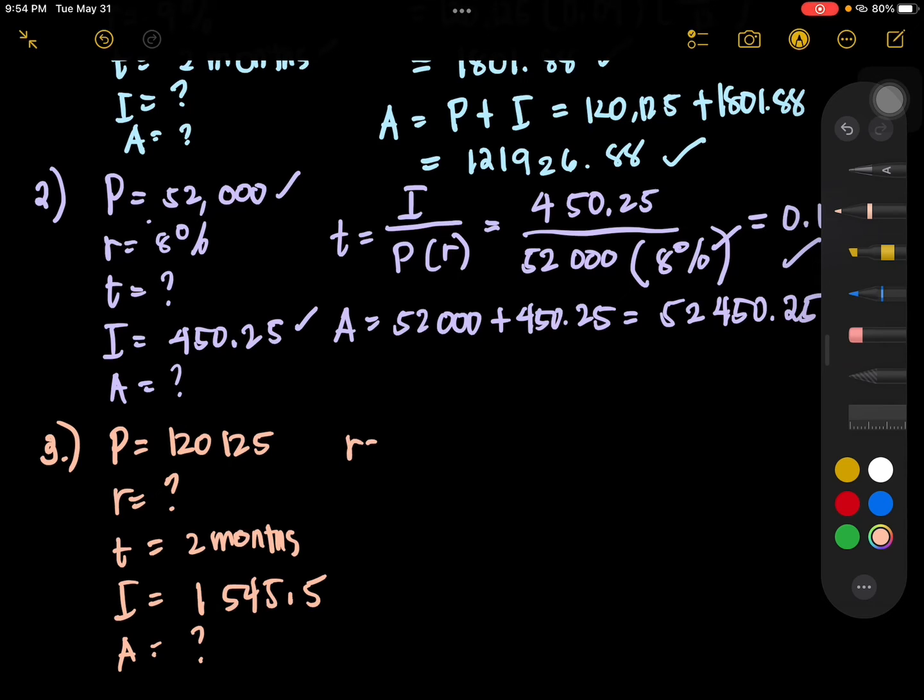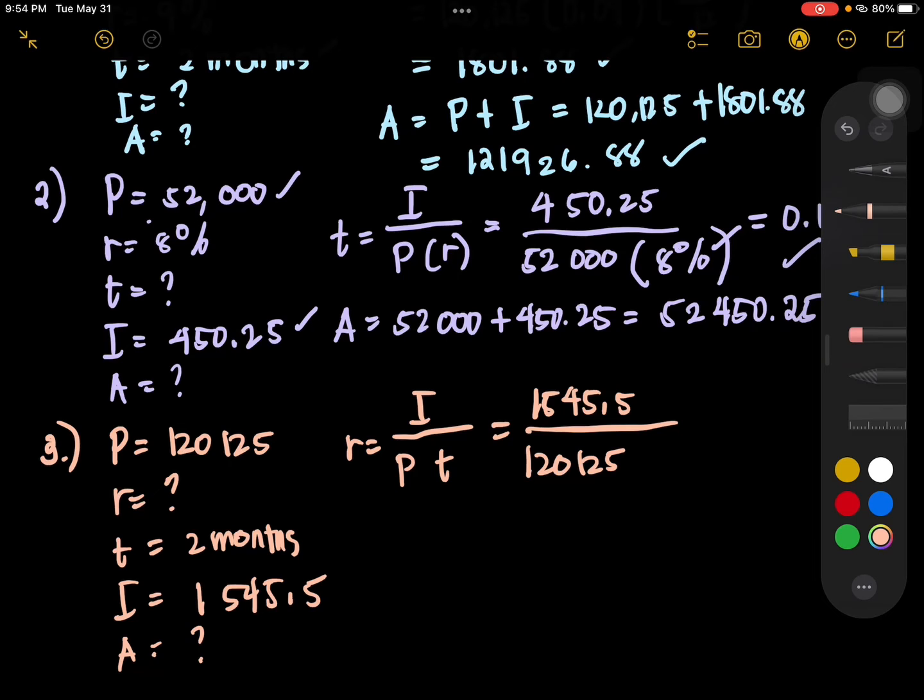So what is the formula in finding the rate? Anyone? Okay, very good. It is interest divided by the principal and time. So we will now plug in or substitute. So the interest is 1545.5, and the principal is 120,125.